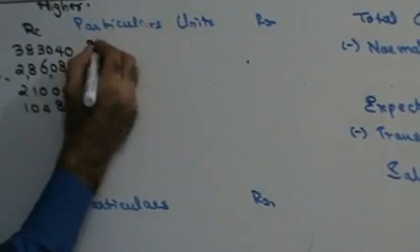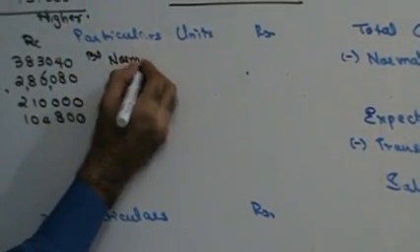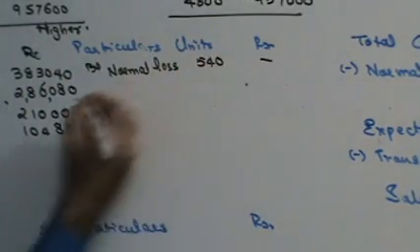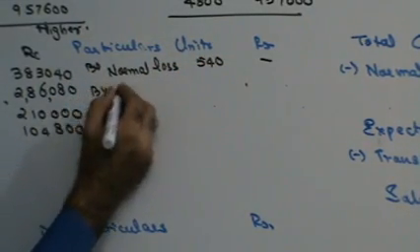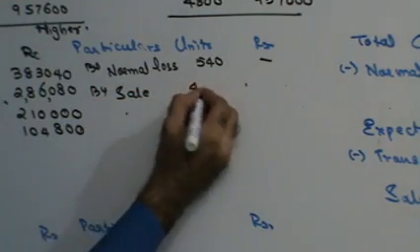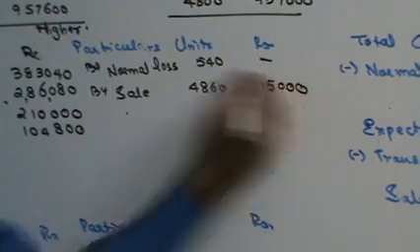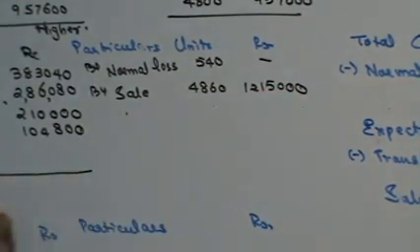Right? Let's transfer these entries. This is going to be by normal loss is 540 and nil, and by sale is 4860 and 12,15,000. Tally.